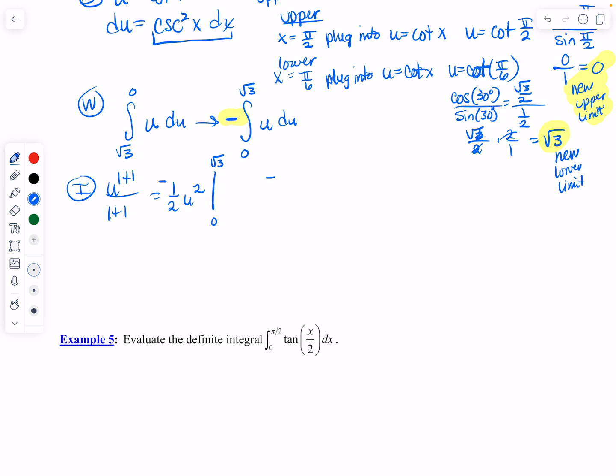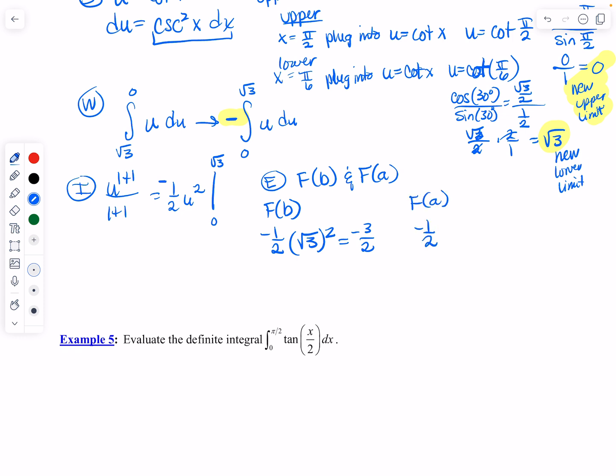Okay, so time to evaluate. I'm trying to look for f at b and f at a. F at b, I'm going to plug this in. So -1/2 times the square root of 3 squared. Square root of 3 squared is 3. So this becomes negative 3 halves. F at a, negative 1/2 times 0 squared.